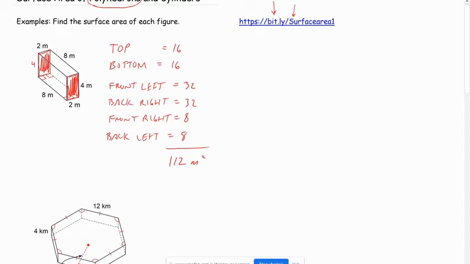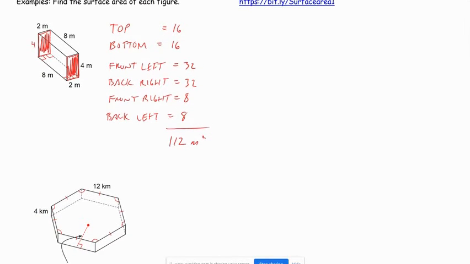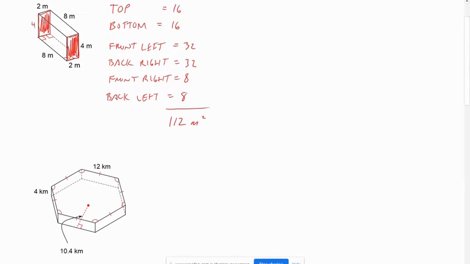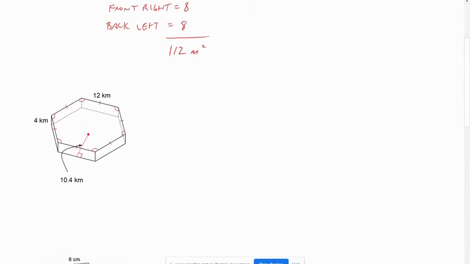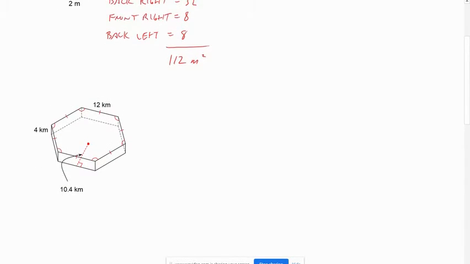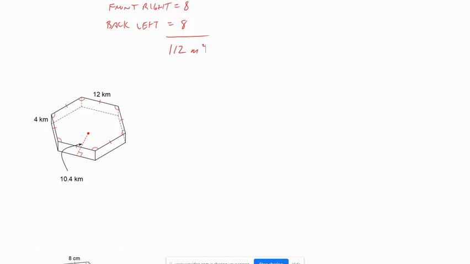That's the basic concept of how to find the surface area for really any polyhedron. We just need to add up all the faces. That one was fairly basic just because all the faces were rectangles. If the faces are a different shape, then we still have to add up all the faces, but sometimes finding the area of the faces is a little bit different.